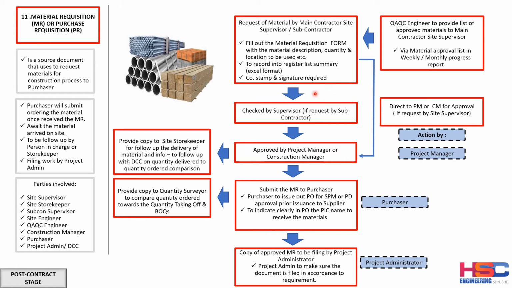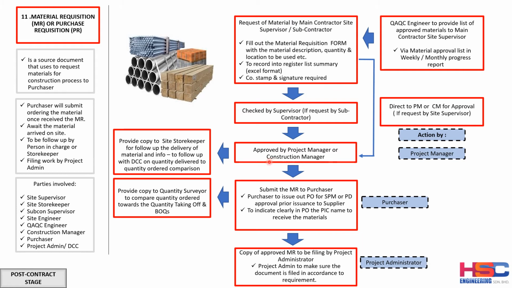Once the requisition form is prepared, it will be checked by the site supervisor if it is requested by the subcontractor. Once checked by the supervisor, it will be passed to the project manager or construction manager for approval.